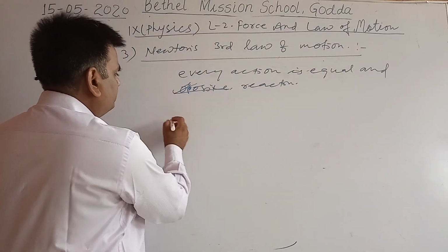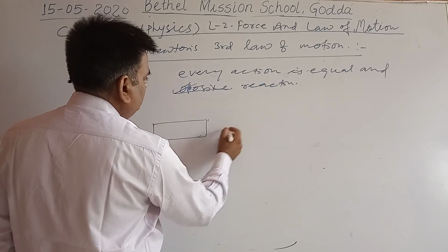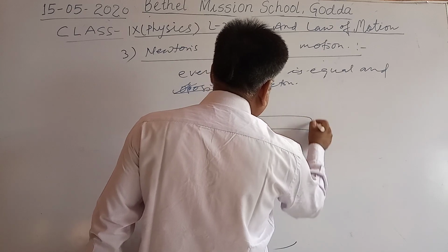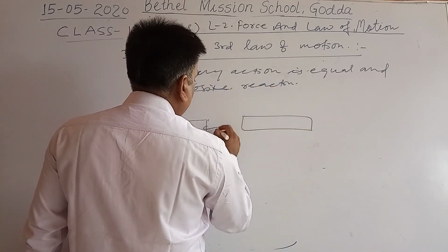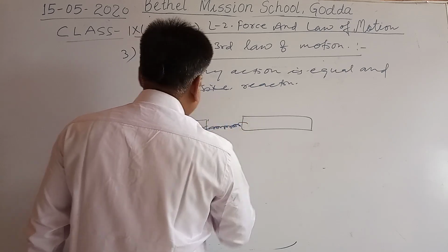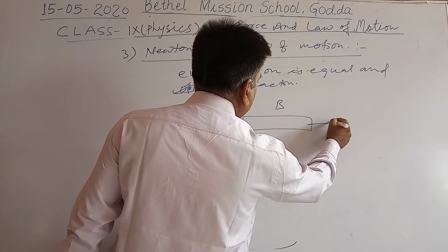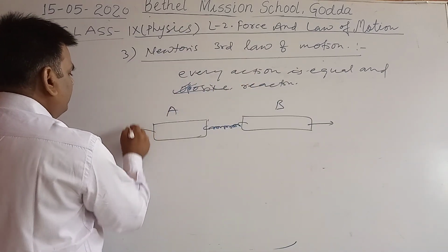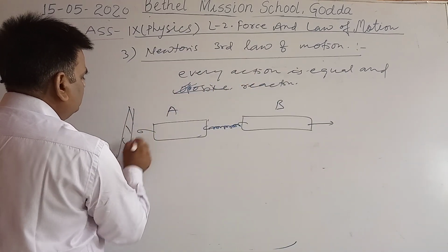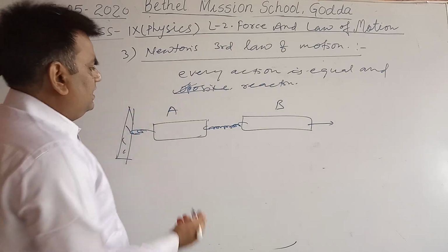Suppose we take two spring balances, and both spring balances are connected to each other, this is spring balance A and B, and this spring balance is fitted to a wall or a rigid body.